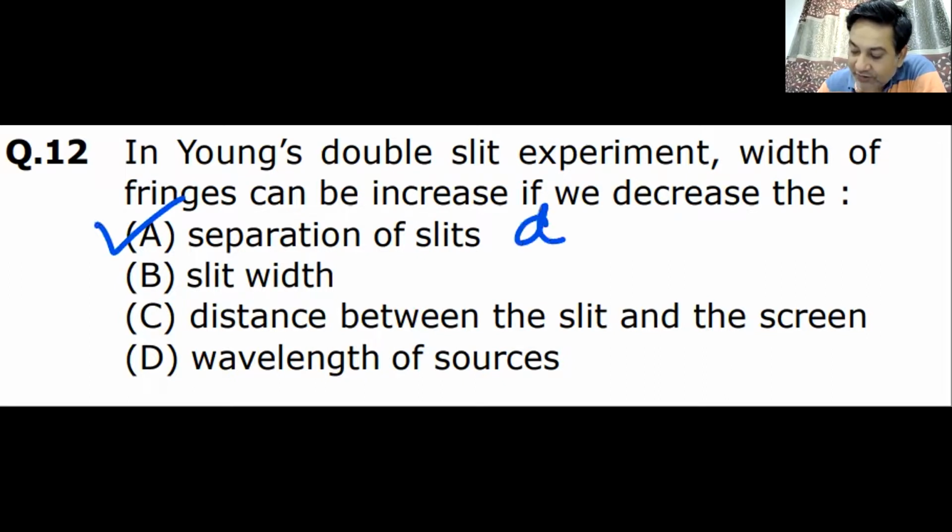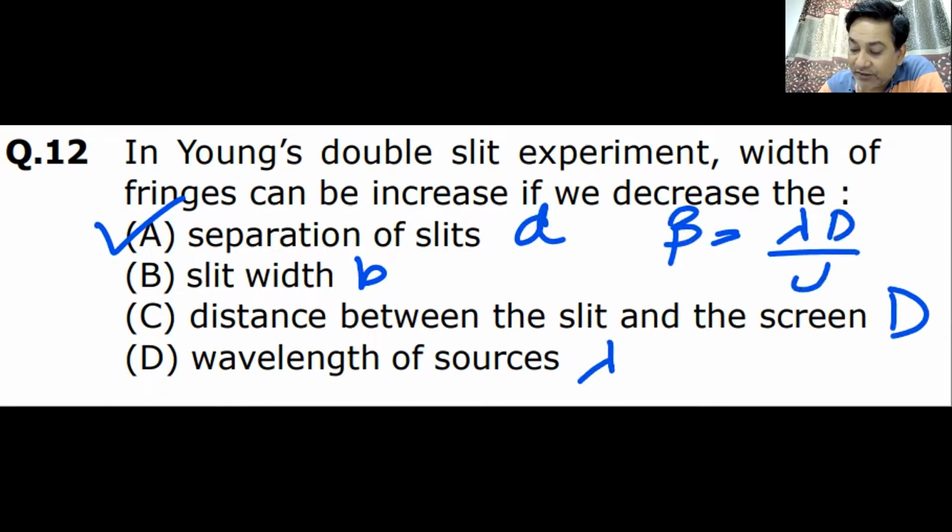Width of the slit we have not mentioned, let us call it b. This is the distance between the slit and the screen, capital D, and this is lambda. Remember, beta was lambda D by small d. We remember this, right? If you remember this, then you have the answer. If you don't remember this, well, I can't help you there.